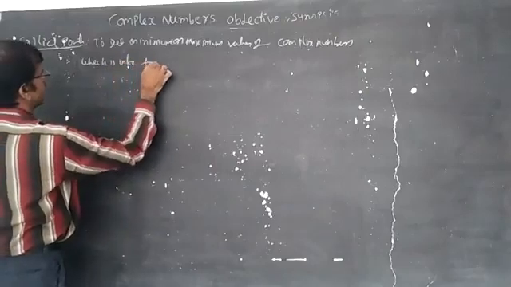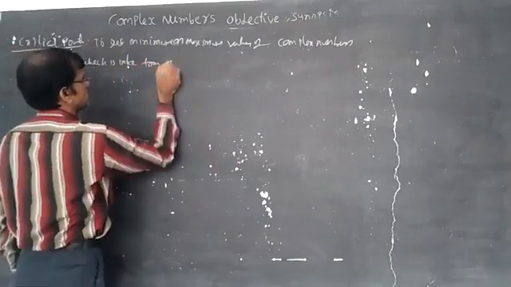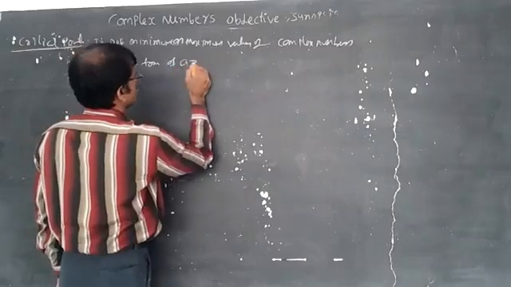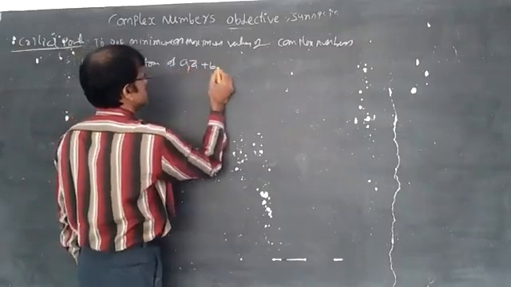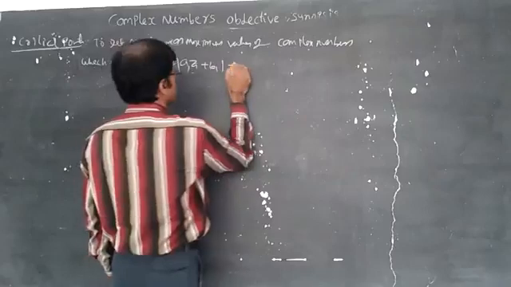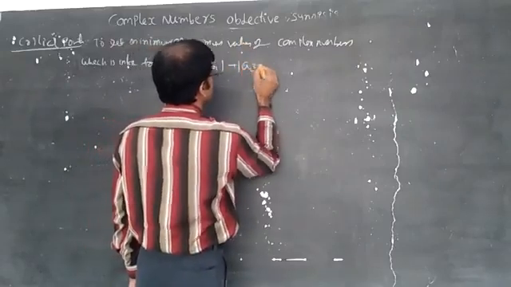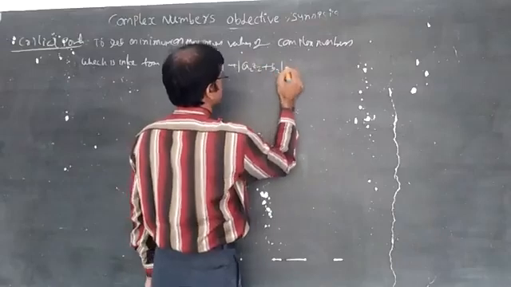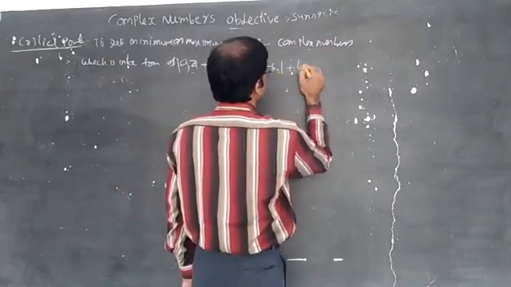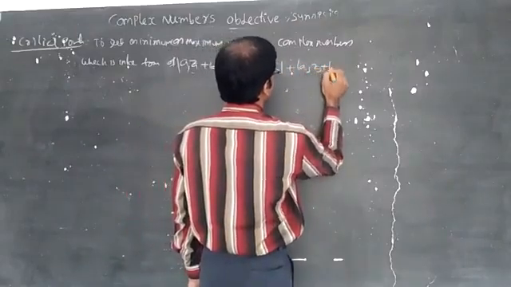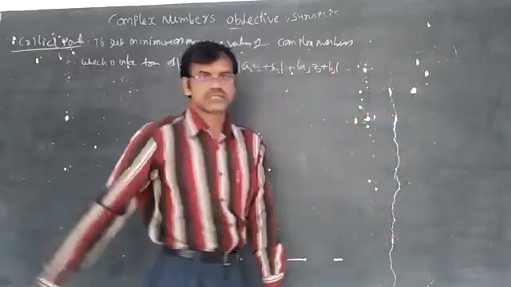Which is in the form of A1 Z1 plus B1, A2 Z2 plus B2, A3 Z3 plus B3, so on like this.